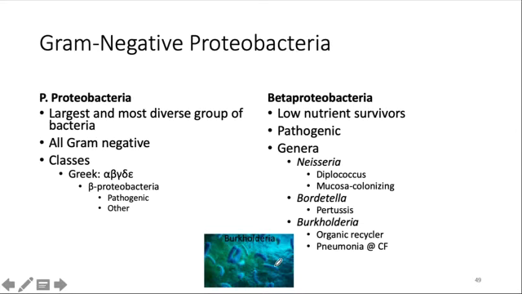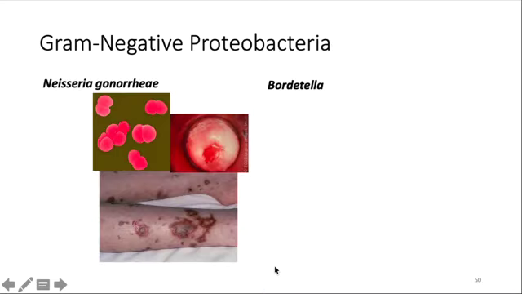Then Bordetella, which causes pertussis, for which we have the DTaP vaccine that serves as a protection against it. Neisseria is a diplococcus, so it appears in pairs, and these are presentations of some of the symptoms of Neisseria gonorrhea. Then for Bordetella, they are rods, but they have flagella, as you can see.